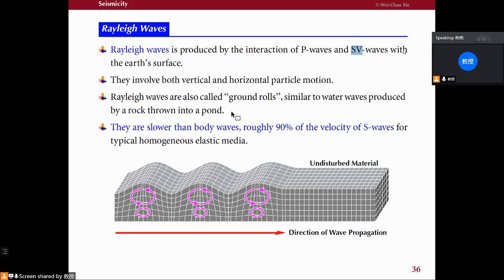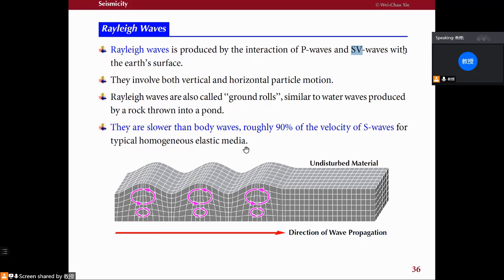Okay, so you throw a rock in a pond, then you have circles and the waves are going outside. Okay, they are slower than body waves, roughly 90% of the velocity of S waves for typical homogeneous elastic motion.